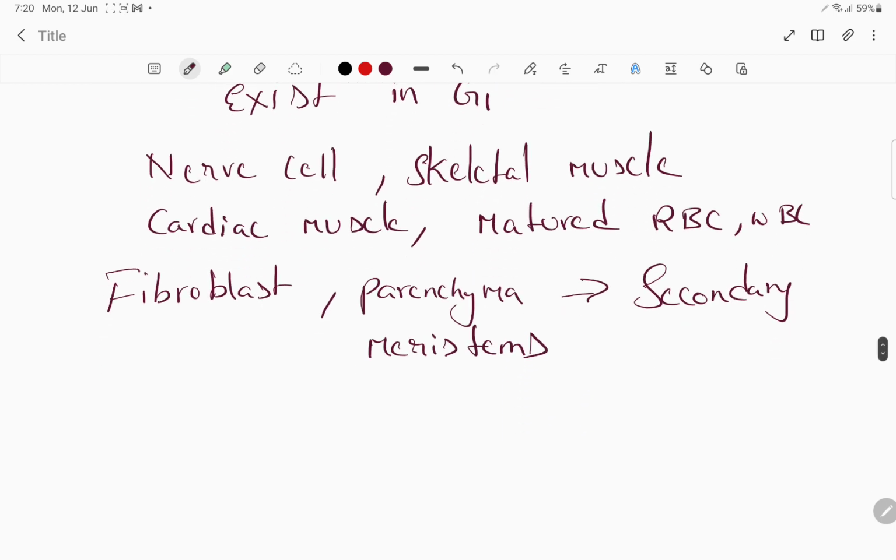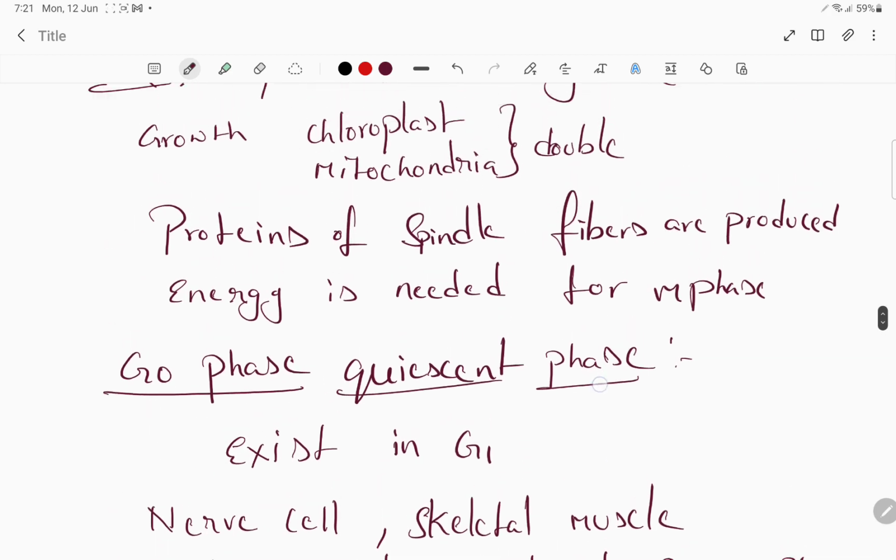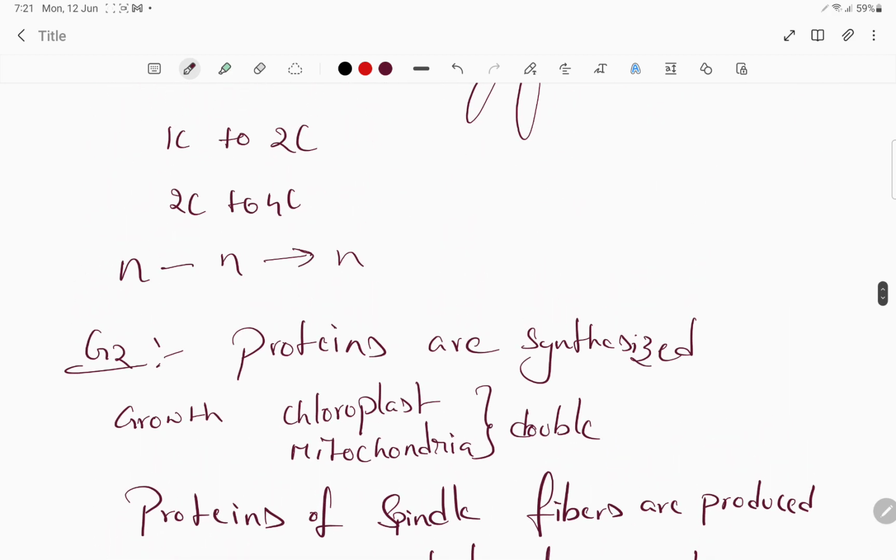Mitogens are the substances which stimulate the cell, like cytokinins in plant cells, epidermal growth factor in animals, platelet derived growth factor, lymphokines and lectins; these initiate the cell cycle. Okay, this is about G1, S, G2 and G0. Thank you.